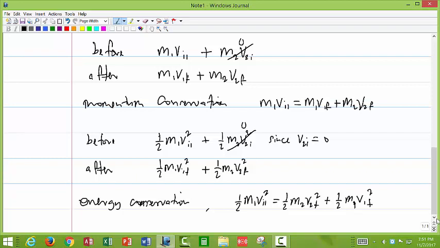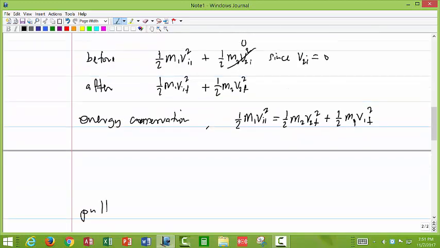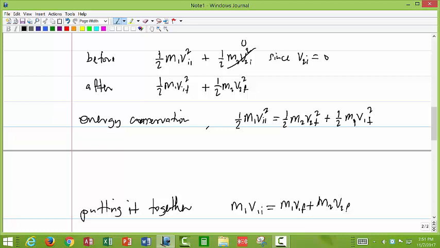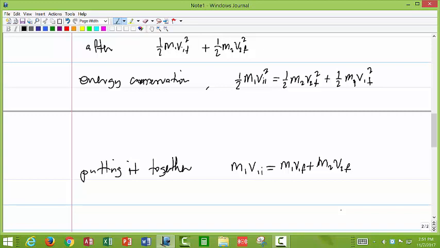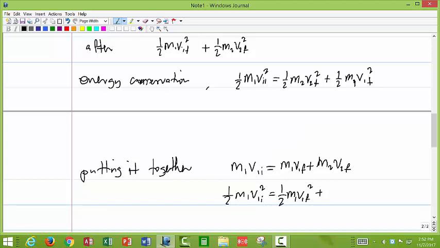So now we have two formulas to work with. So putting it together, we're going to have M1 V1 initial equals M1 V1 final plus M2 V2 final, and then we have half M1 V1 initial squared equals half M1 V1 final squared plus half M2 V2 final squared.